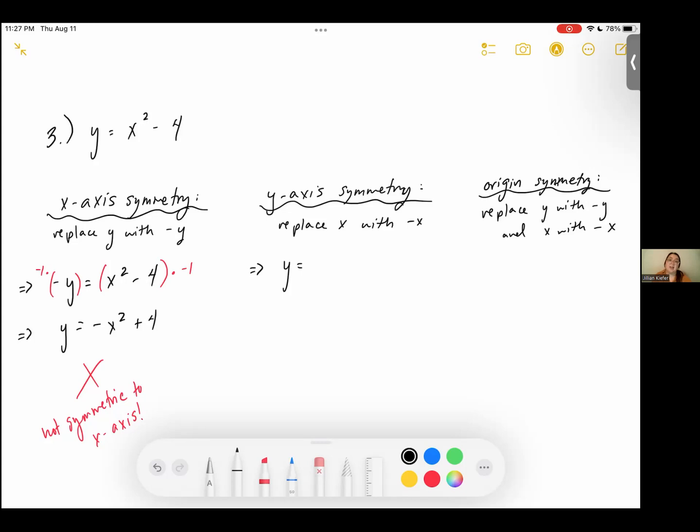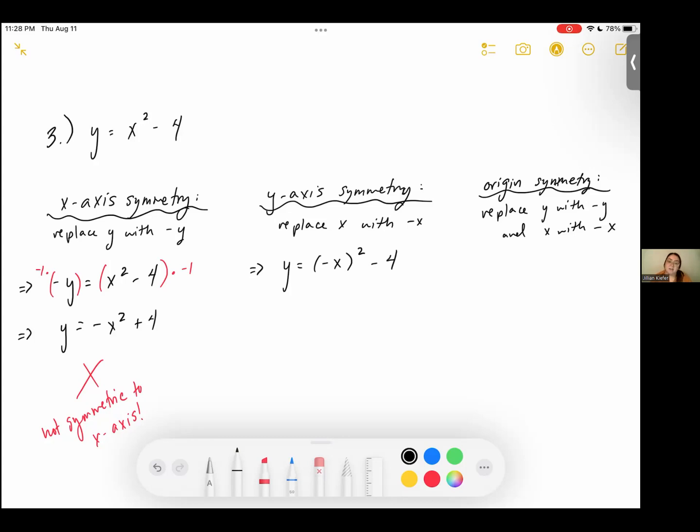You're replacing x. X squared is x times x. So if you're replacing x with negative x, you now have negative x times negative x. So the negative goes inside parentheses, and that squared goes on the outside. So that is the correct way to replace x with negative x.